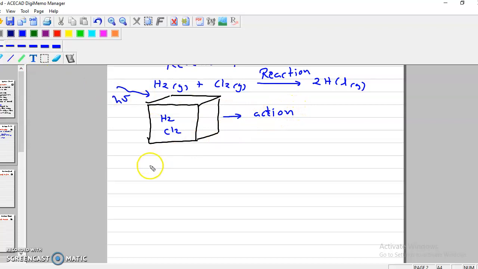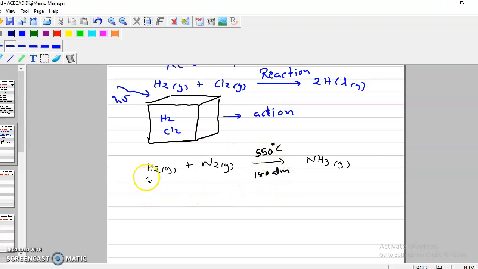Suppose we combine H2 and nitrogen, hydrogen and nitrogen, then definitely this will produce ammonia. Why? Because it is a reaction, and in a reaction we know what is going to happen and what the results are. Combining hydrogen and nitrogen is in our hand, giving 550 degrees Celsius temperature and 180 atmospheric pressure is in our hand. These are the parts of action.